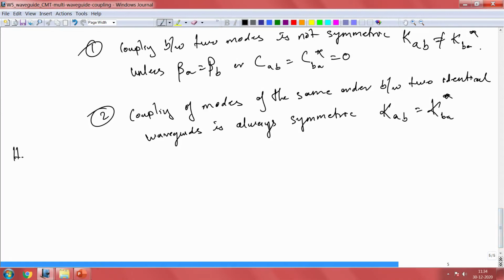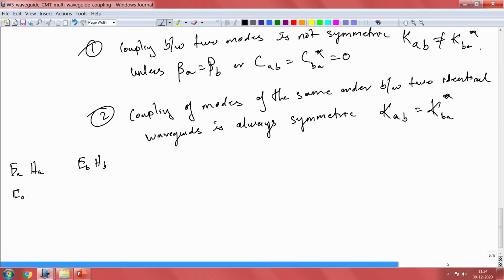So, let us say you have two modes EA and HA and EB and HB, right. So, this is one waveguide and the next waveguide. So, this is a generalized form.